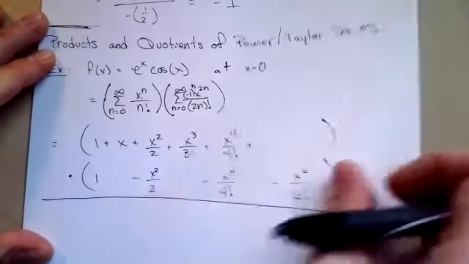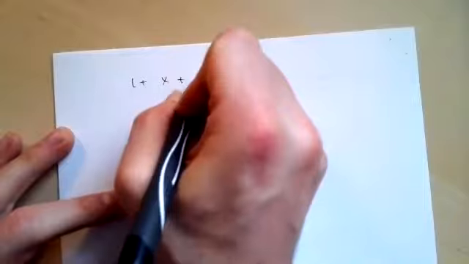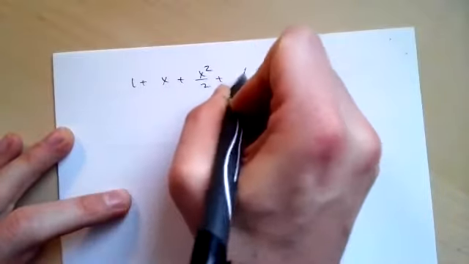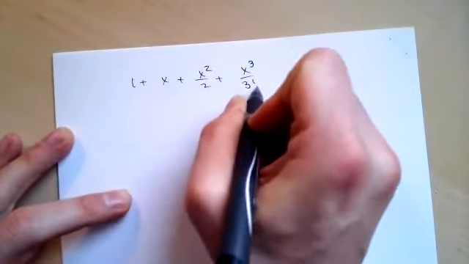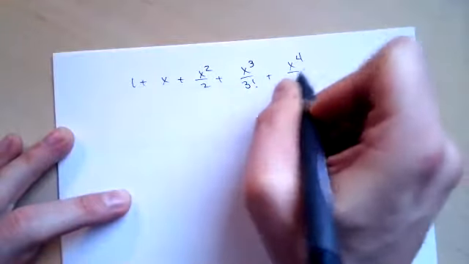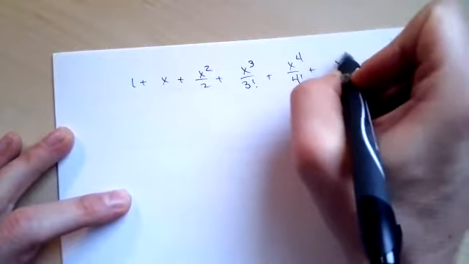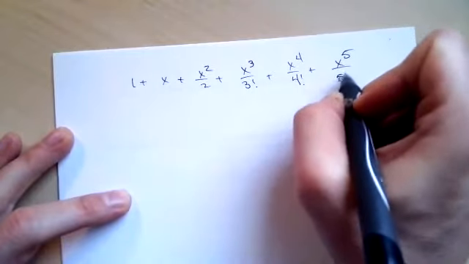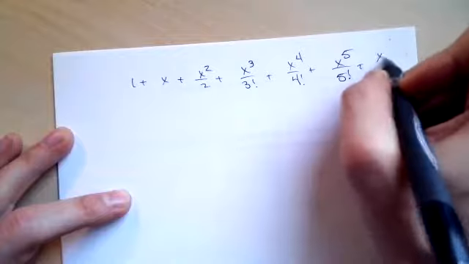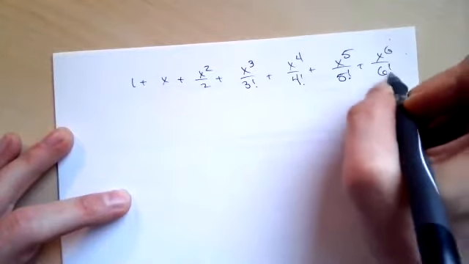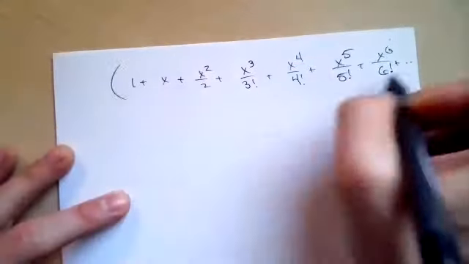And actually, you know what? Let's go ahead and get a new piece of paper and rewrite this. So we've got 1 plus x plus x squared over 2, x cubed over 3 factorial, x to the 4th over 4 factorial. Let's actually include more now since we've got space. x to the 5 over 5 factorial, x to the 6 over 6 factorial.